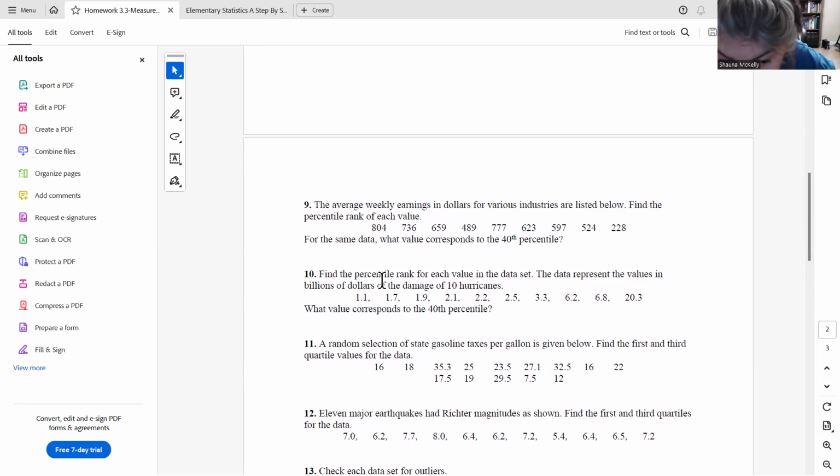So what I'm going to do here is I'm going to do this by hand for you, but I'm also going to put this in the calculator so I can read the numbers, because I'm going to need some calculator assistance with some of this.